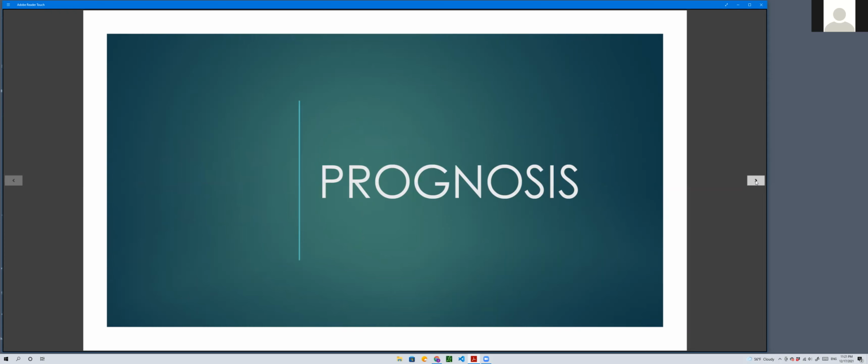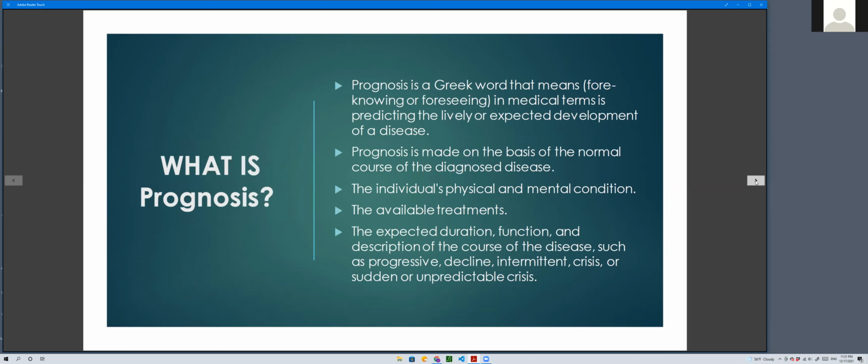I'll continue with prognosis. What is prognosis? Prognosis is a Greek word that means foreseeing or foreknowing. In medical terms, it is predicting the likely course or expected development of a disease.